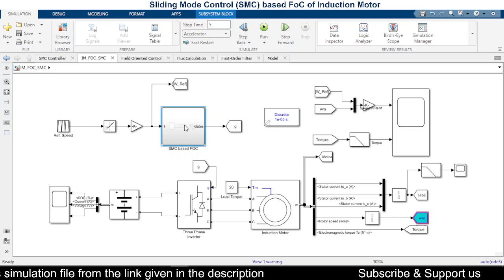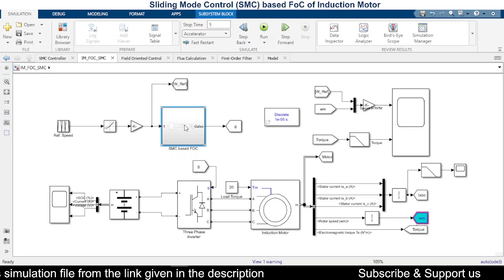Since this is an FOC controller, there will be two loops: the inner loop and the outer loop. The inner loop is the current loop and the outer loop is the speed loop. The reference speed is compared with the actual speed, and we have the error coming from the comparison. At the outer loop we are using the SMC, sliding mode control.